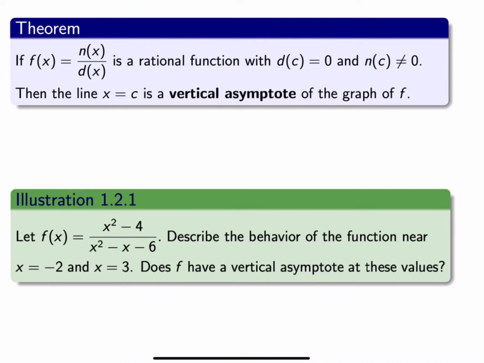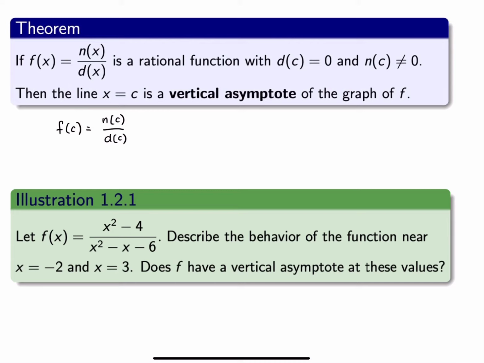So now we want to discuss the concept of vertical asymptotes. Here we have a theorem. If f of x is equal to n of x over d of x, then if we plug in x equals c into this function, we have f of c is equal to n of c all over d of c.